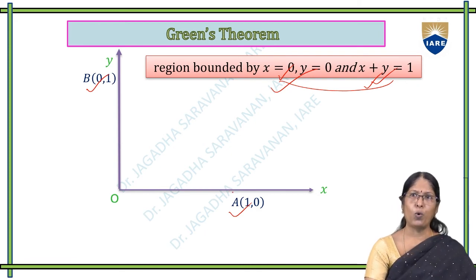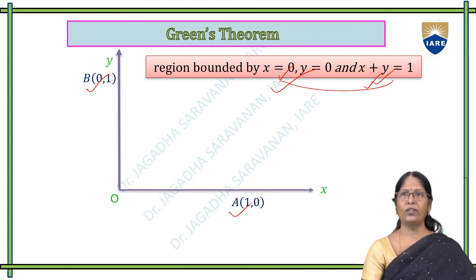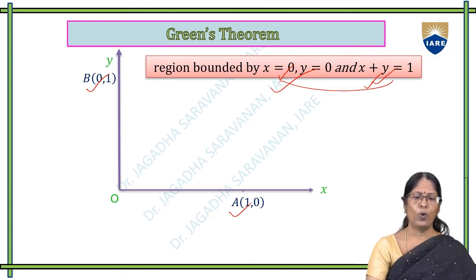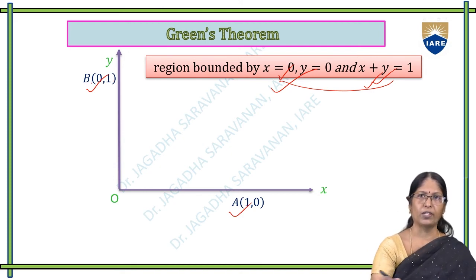So that we pointed here. On the x-axis, we pointed the point 1, 0, that we named as A, whereas 0, 1, which lies on the y-axis, we named as B.